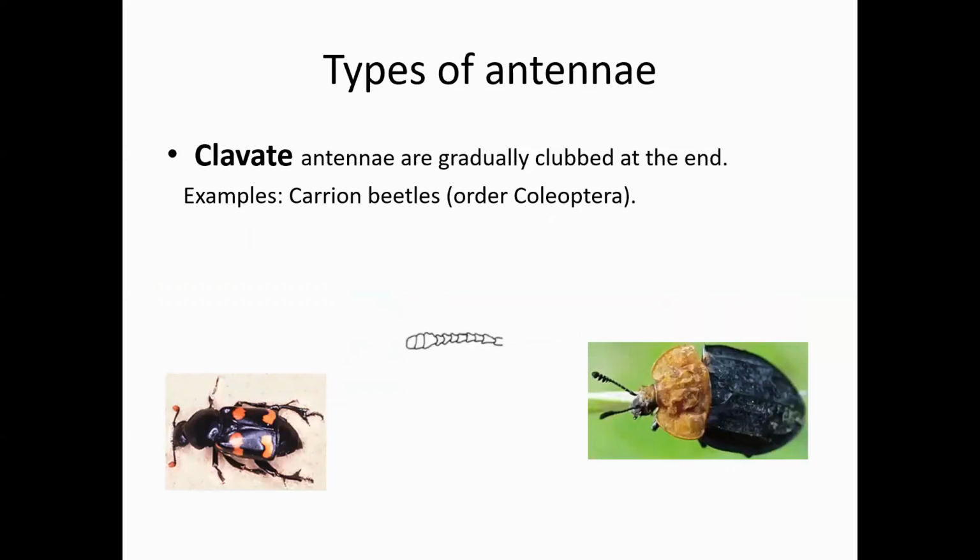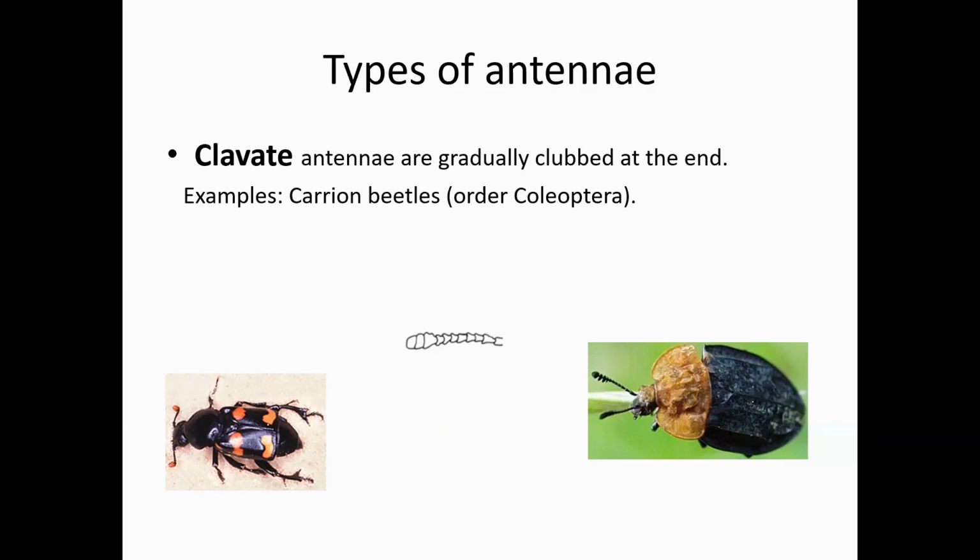The clavate type: the antennae are gradually clubbed at the end. In the previous case, the last segment was abruptly increased in size, but here there is a gradual increase in the flagellar segments from the base to the end. Examples for this kind of antennae are the carrion beetles.